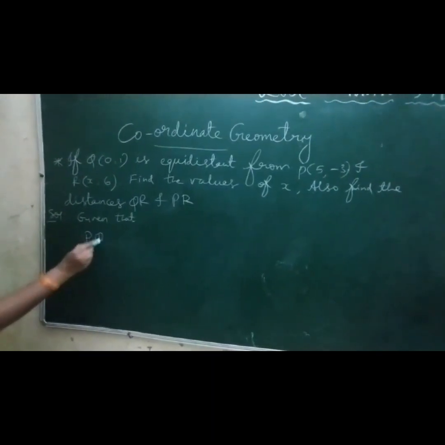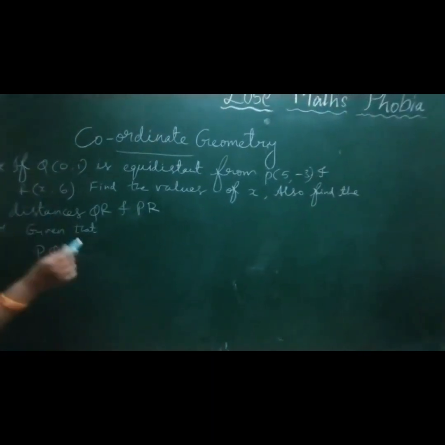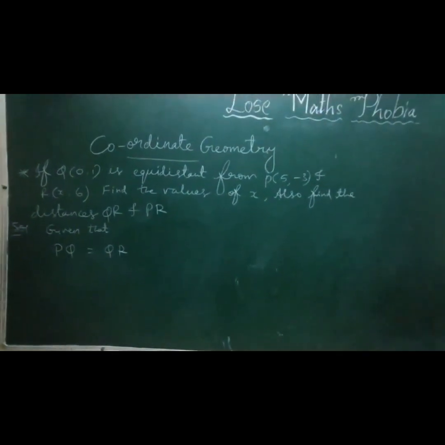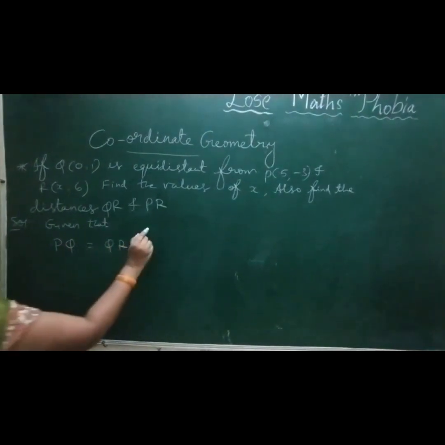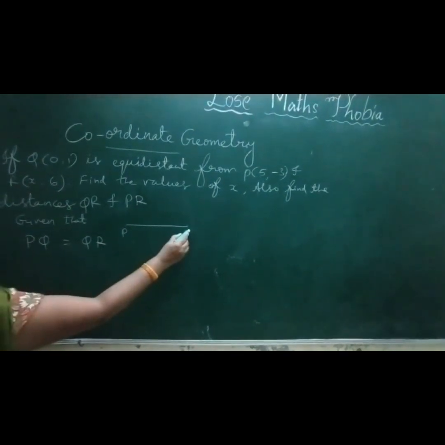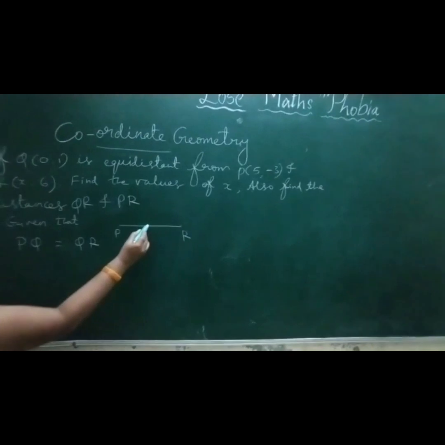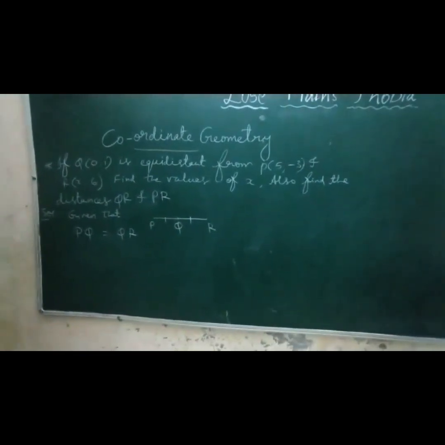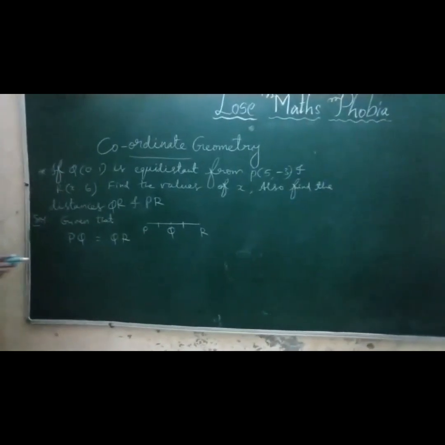PQ is equal to QR because Q is equidistant from P and R. If P is this and R is this, Q is equidistant from both. So PQ will be equal to QR.